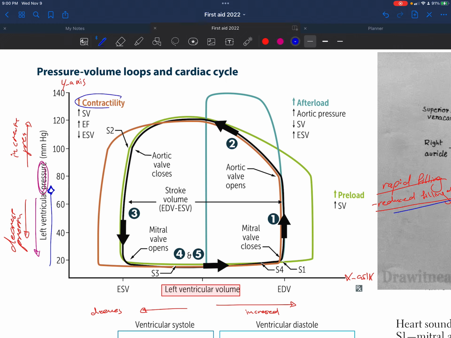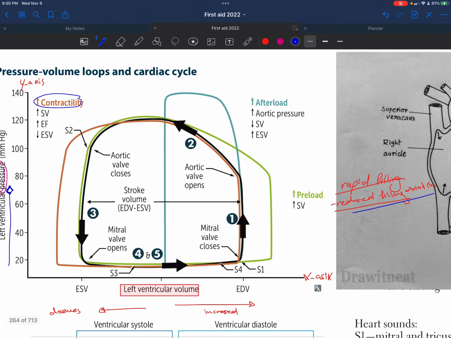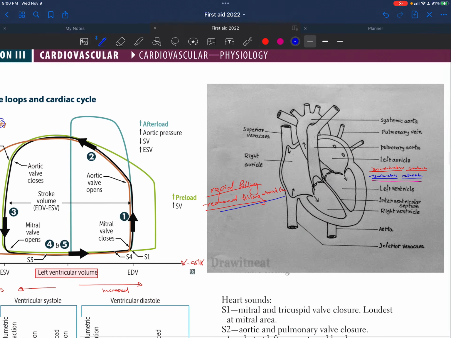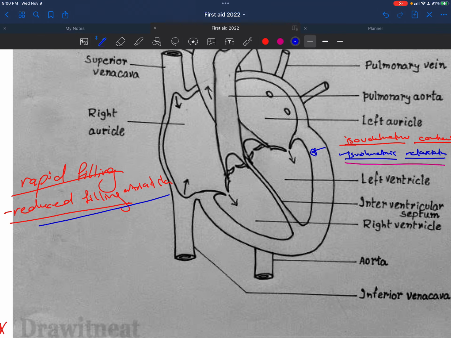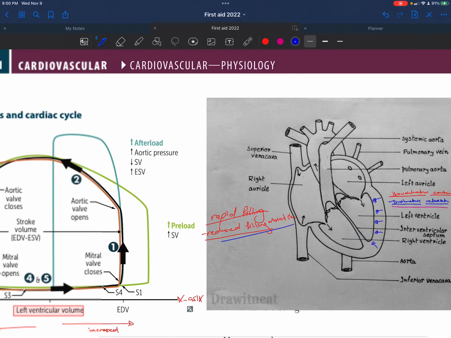If, for example, there is any cause that increases the contractility of the heart, we are only increasing the ability of the heart to contract, okay? We are not changing the heart rate, or the amount of blood in the systemic circulation that is coming back or flowing out, nothing, but only the contractility of the heart.